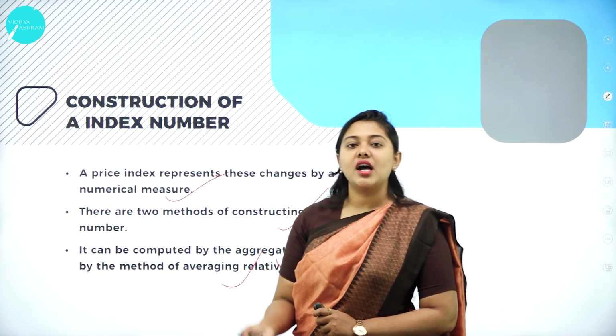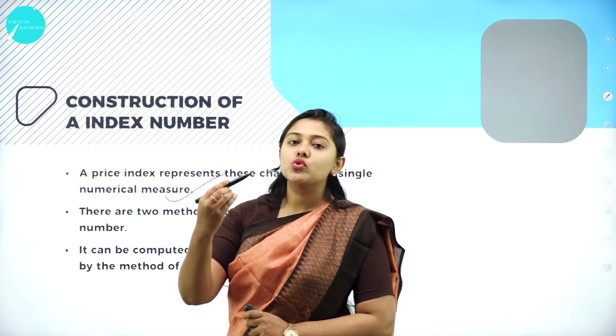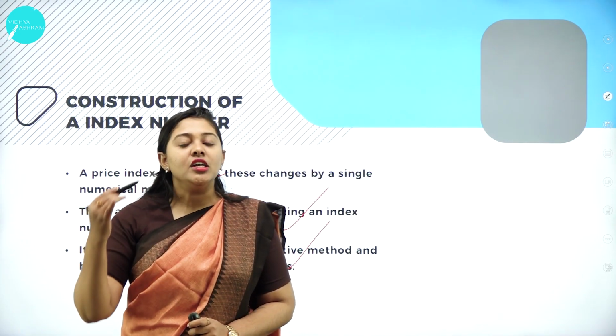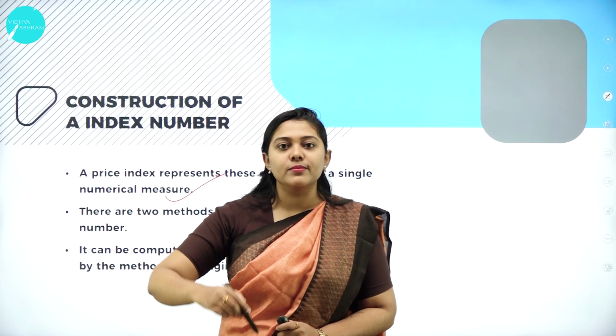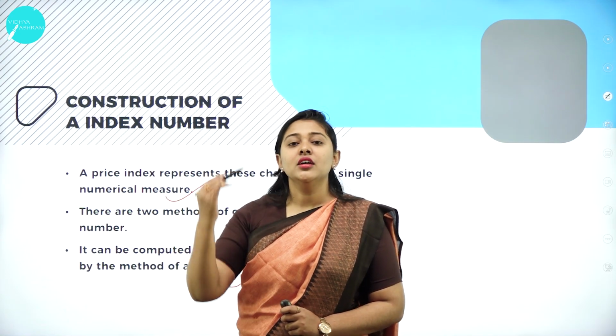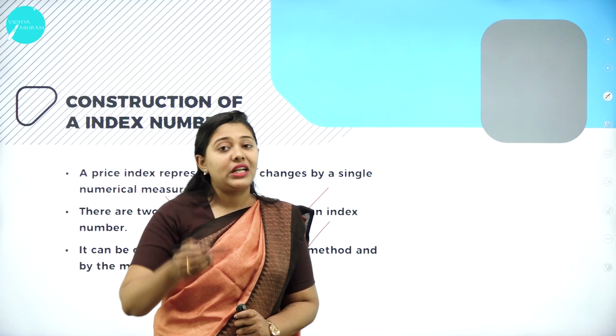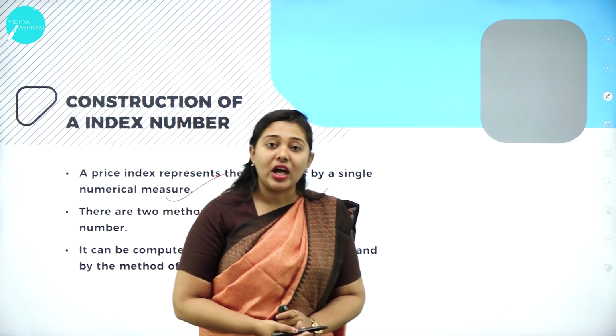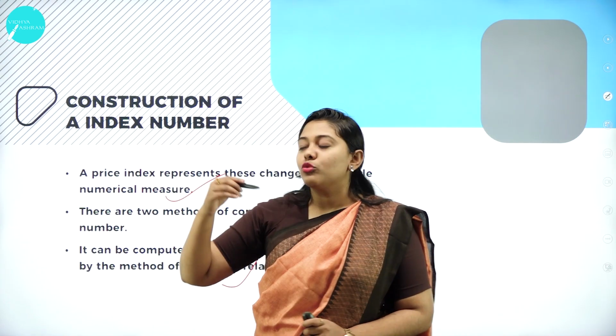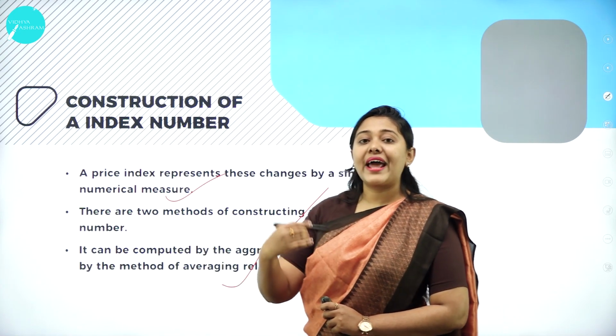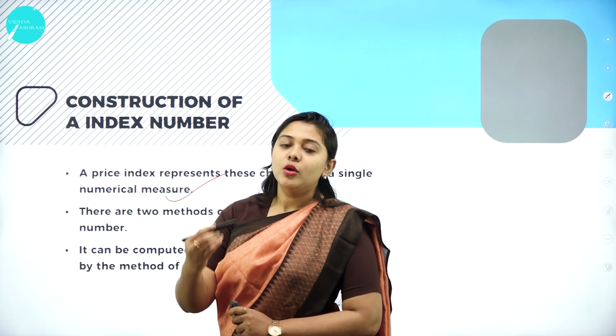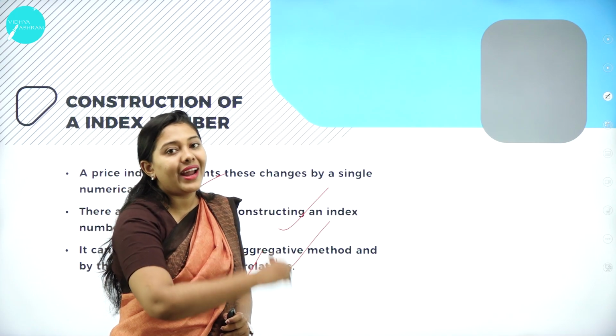Based on those two methods, we will be solving a few problems. In the theory part, you will understand in detail about your quantity index and your production index, and you will be solving a few practical problems with respect to your price index.